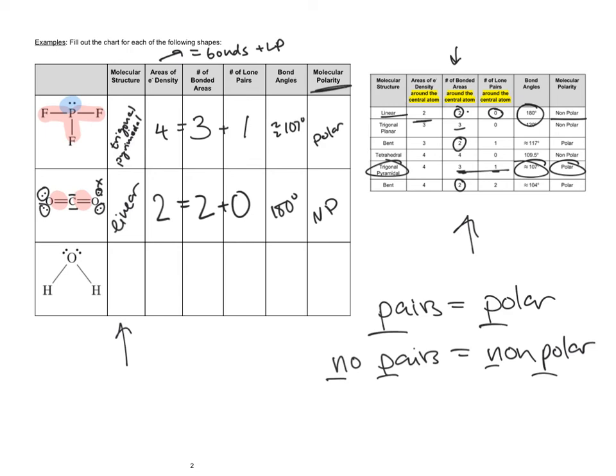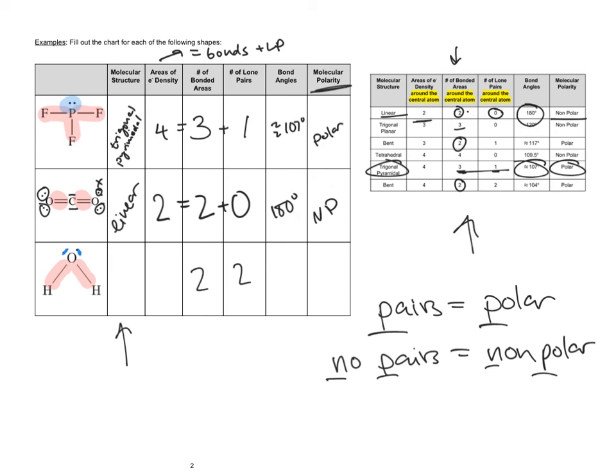And the last example down here is H2O, which is water. First thing we do, count up the number of bonds. We've got 1 bond, 2 bonds, and then we count the number of lone pairs. 1 pair, 2 pairs, 2 lone pairs. So we're going to go on the chart over here.